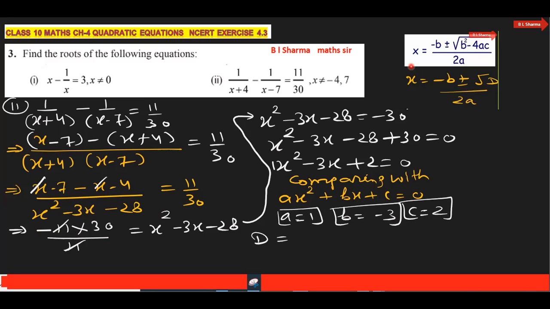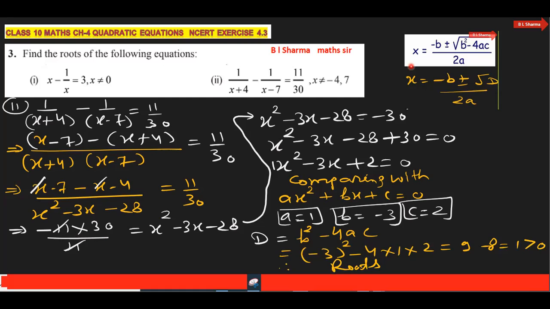So discriminant will be given by b square minus 4ac, that is minus 3 whole square minus 4 into 1 into 2, that is 9 minus 8, that is 1, and which is greater than 0.